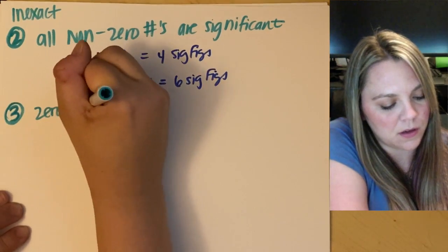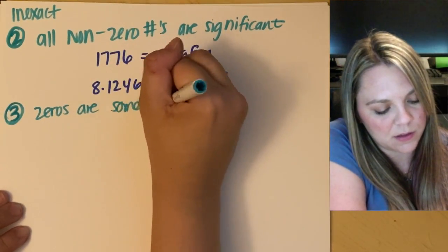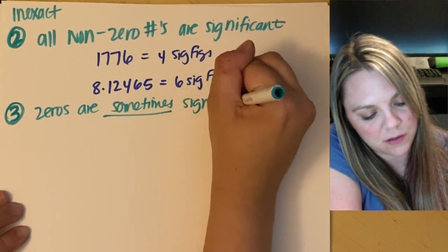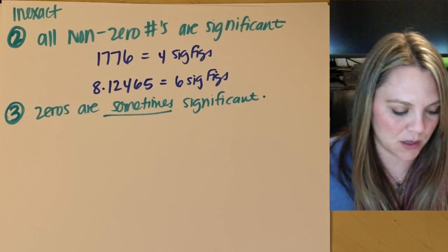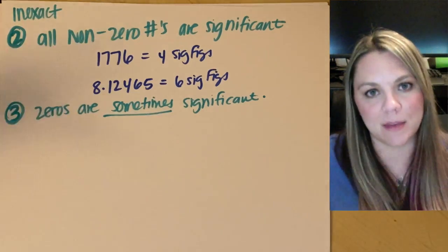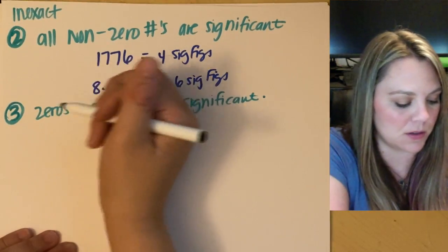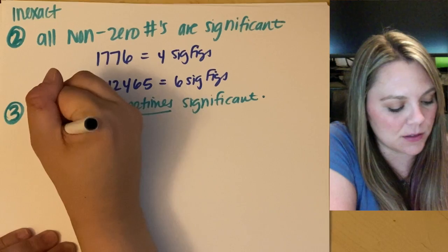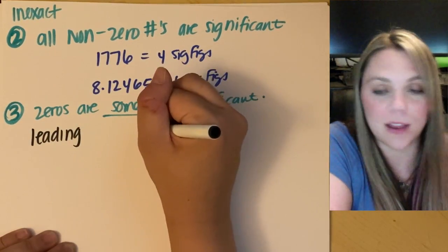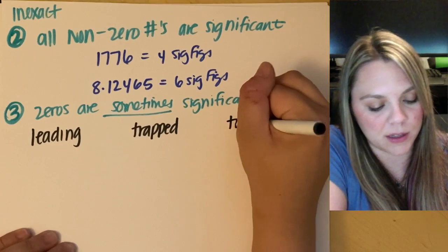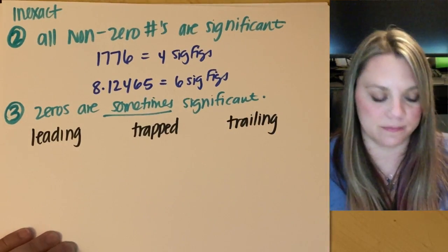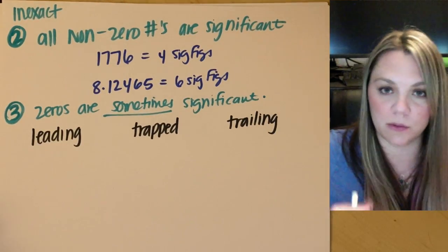Zeros are sometimes significant. So we break up our zeros. We have leading zeros, I like to call them trapped zeros, and we have trailing zeros. It's the 3 different types of zeros.